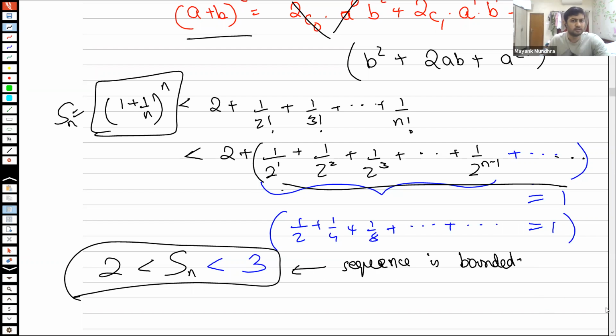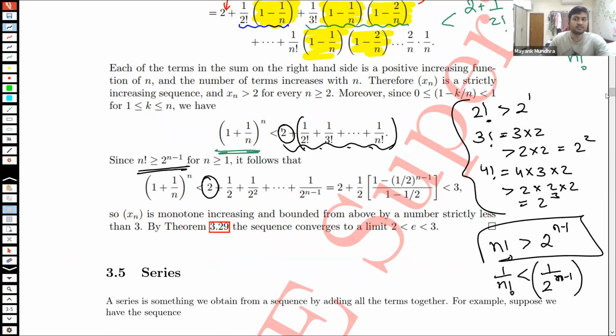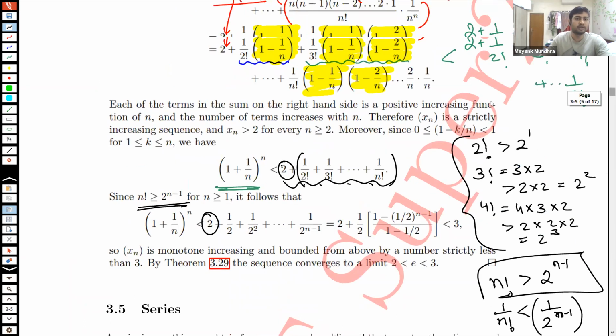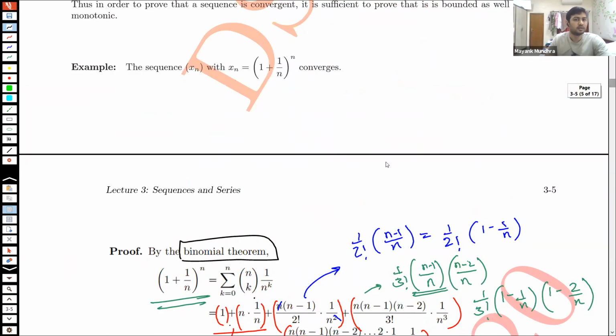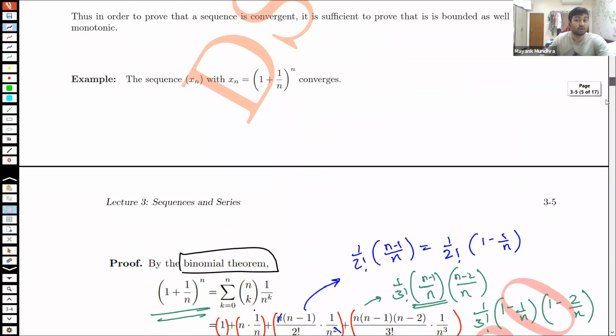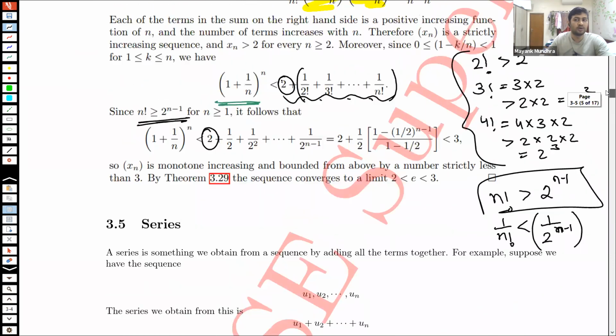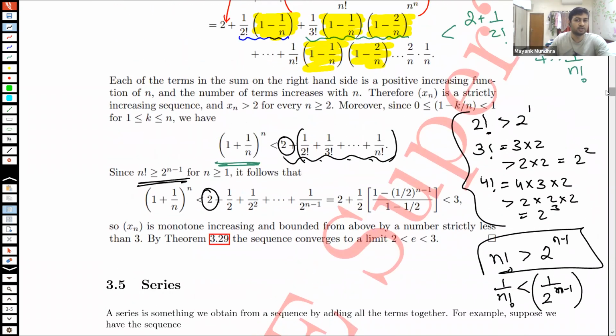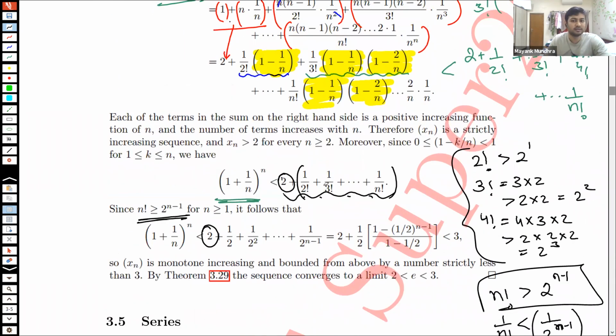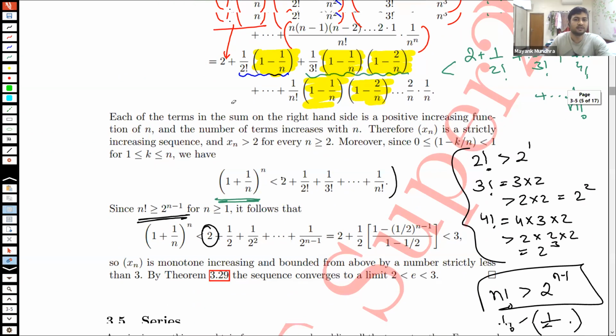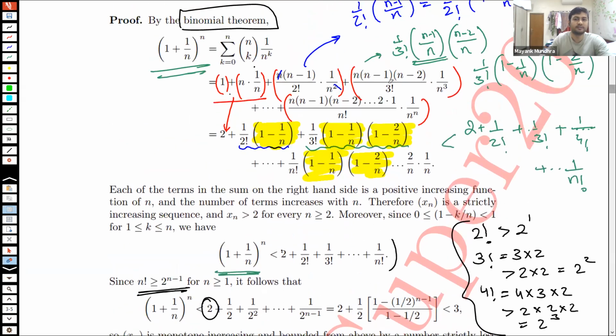So remember the theorem. The theorem says that if a sequence is bounded and monotone, then it converges. So now I need to show that it is monotone increasing. So how do I show that it is increasing? Look at this thing. As n keeps on increasing, why is this thing increasing?